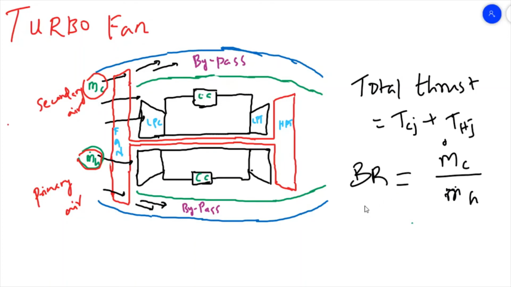It means bypass ratio will be always greater than 1. For example, if the bypass ratio is equal to 3, it means the mass flow rate of the cold air is 3 times that of the hot air. So that is the understanding.